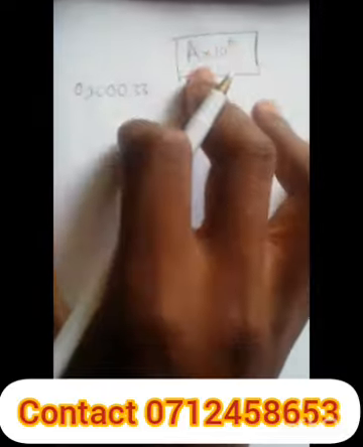Suppose we've got a certain number like 0.00033. We still apply the same concept, a times 10 to the power n. Don't forget this format, because it shall guide you wherever you are going.